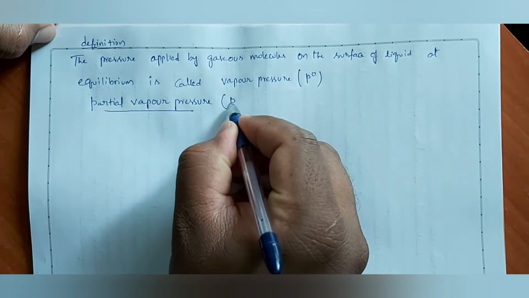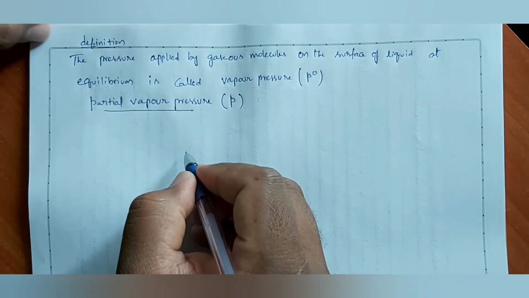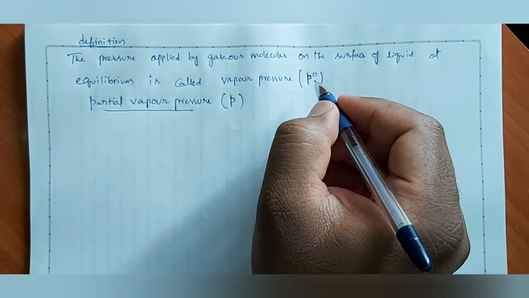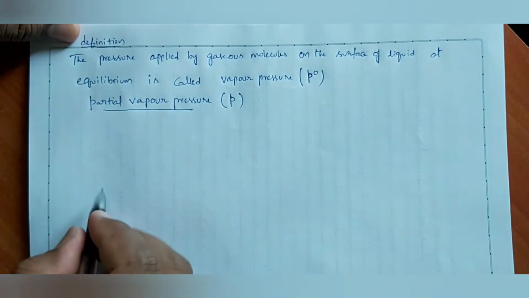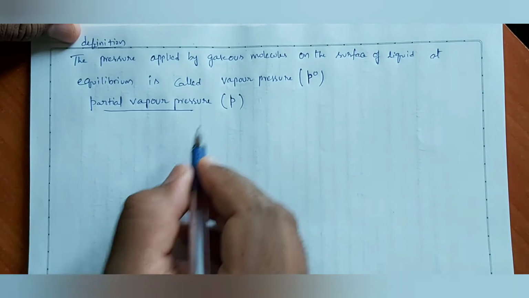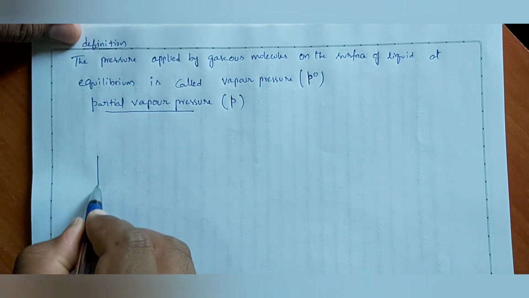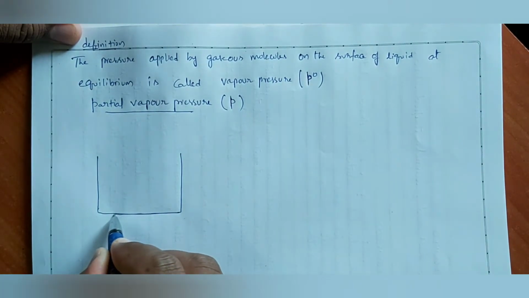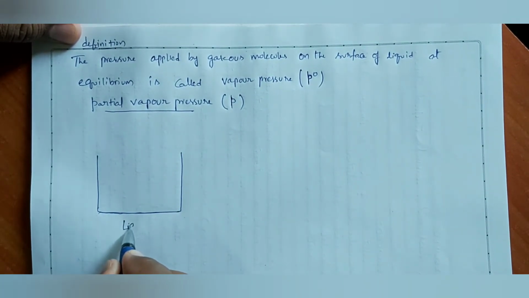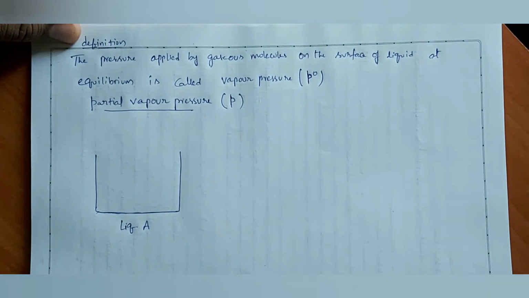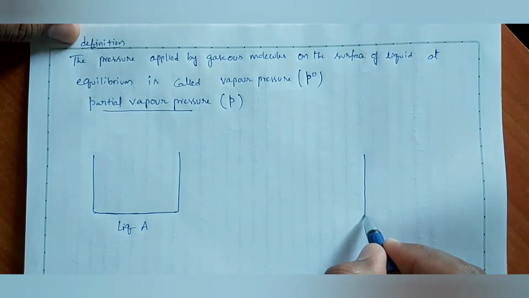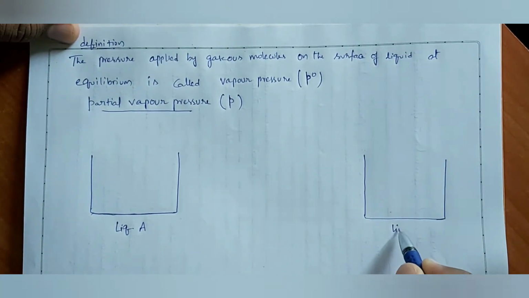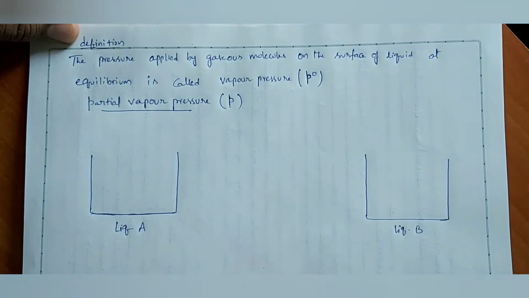Partial vapor pressure is represented by simply small p, and pure vapor pressure is represented by P naught. To understand partial vapor pressure, I am considering two components. This is liquid A. This is liquid B.